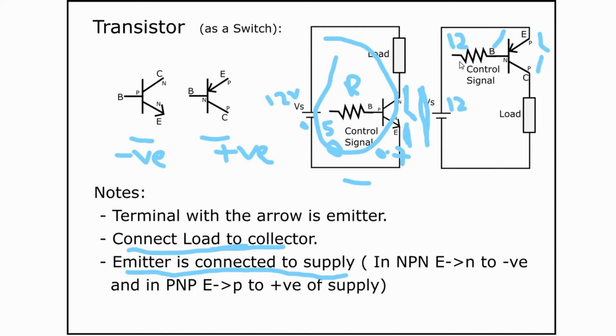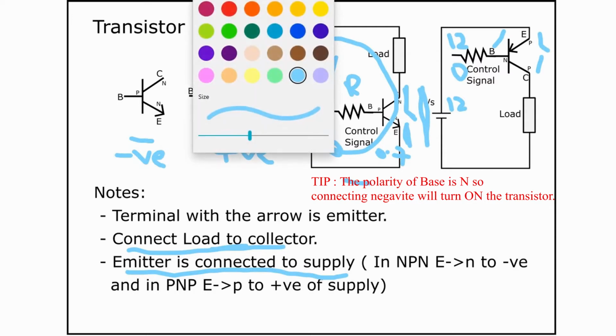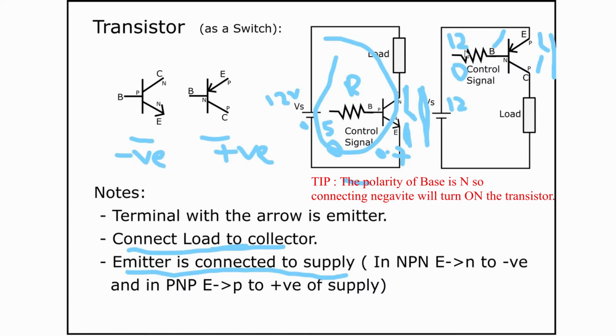As soon as I give a voltage that is 0 volts or anything less than 12 minus 0.7, this transistor will turn on. If you give 12 volts, the PNP transistor will turn off. If you give 0 volts, the PNP transistor will turn on.